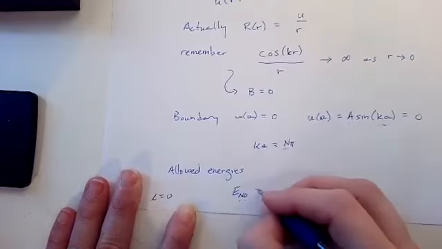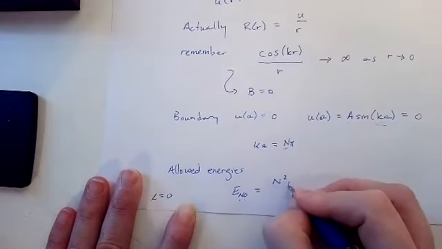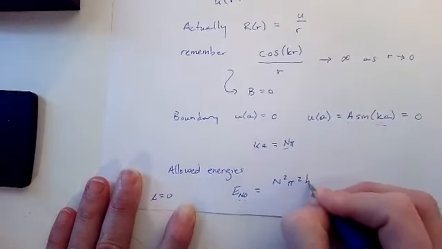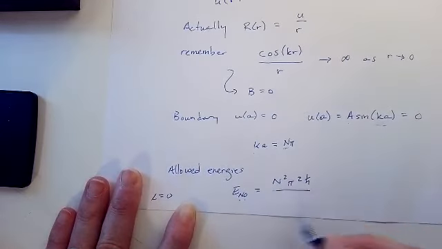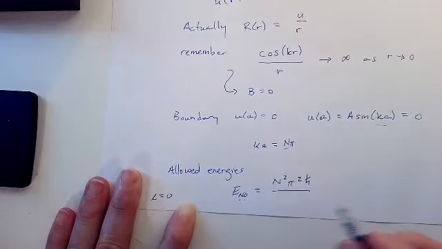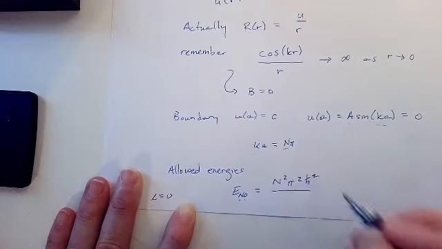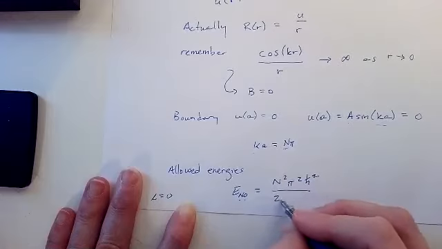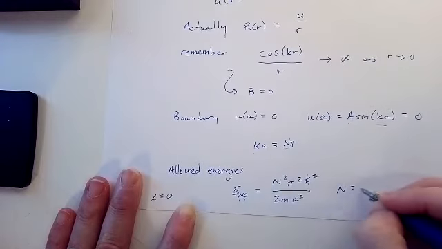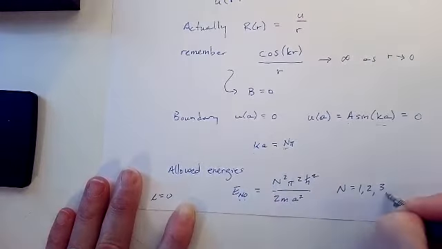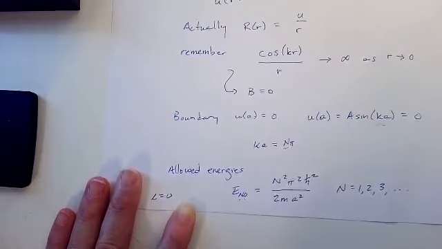So our allowed energies, and this is again going back to our definition of k and this boundary condition, are n squared pi squared h bar squared over 2m a squared. So the size of our spherical well, remember a is that radial size of our spherical well, matters. And this is for integer values of n.